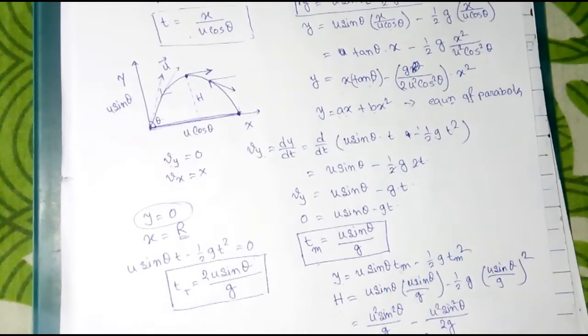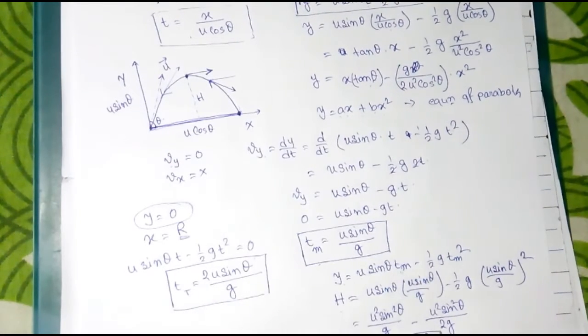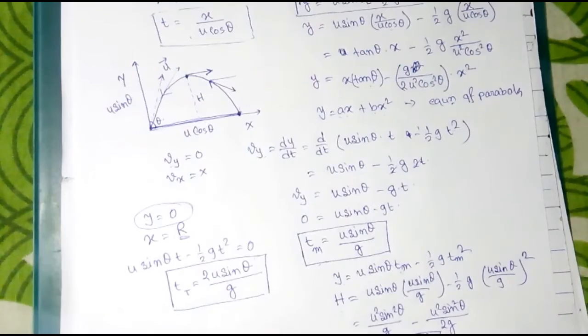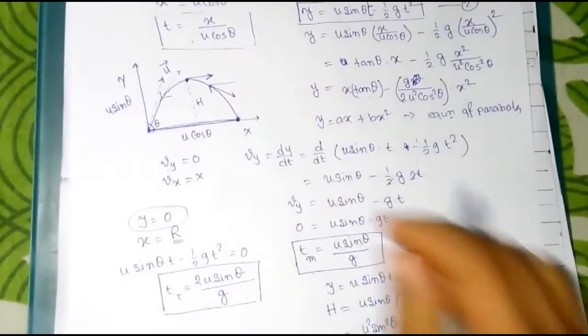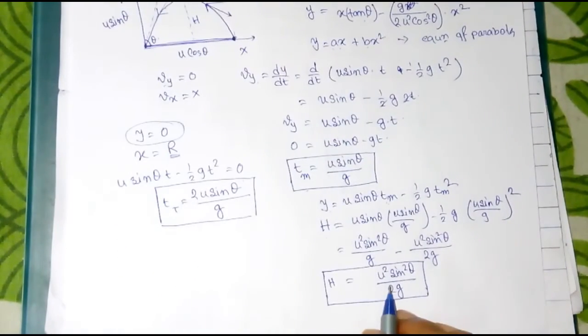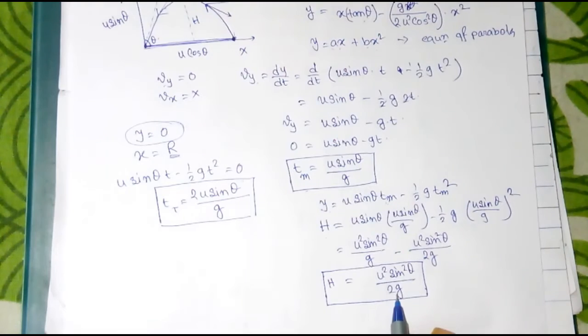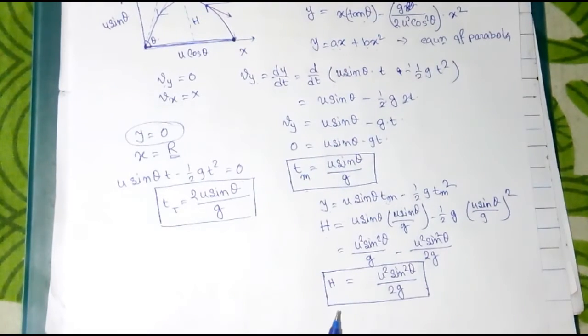So that is the maximum height the object can reach. Okay, that is the maximum height at which the object can reach, u square sin square theta by 2g. Hope you understand this one.